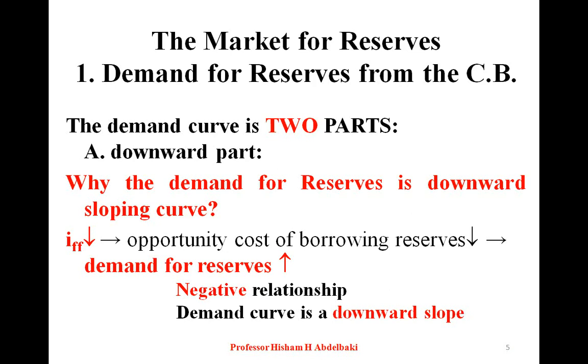So when FF decreases, financial institutions will demand more reserves, so there is a negative relationship between quantity demanded for reserves and FF, the federal fund rate. So the demand curve in this part is a downward sloping curve.